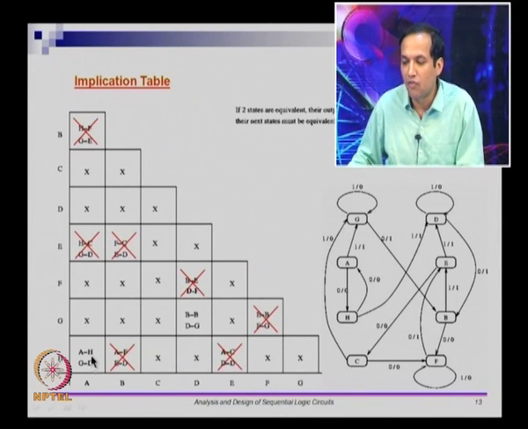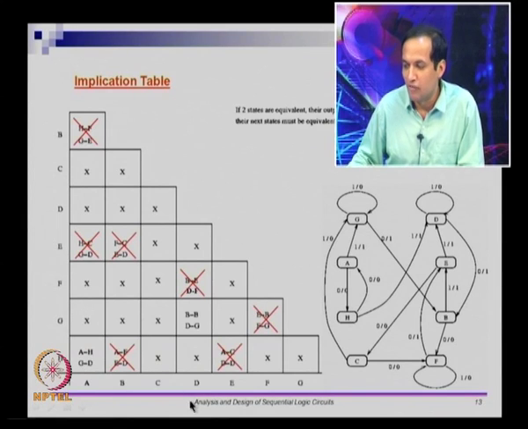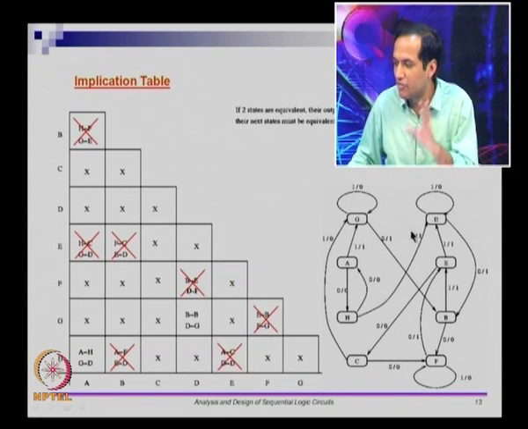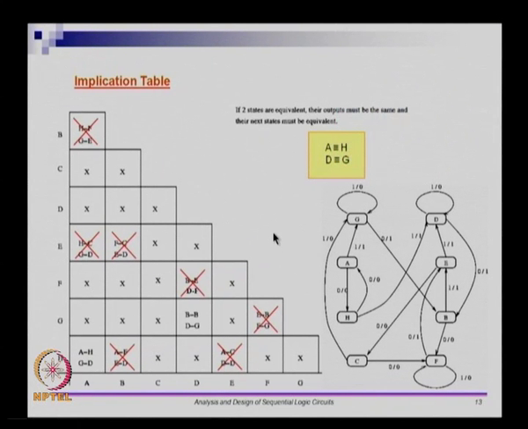So by default you get that, but you also want D to be equivalent to G. We just established that D is actually equivalent to G. So overall what we get is A is equivalent to H and D is equivalent to G. So now instead of 8 different states here, I can replace that with a diagram of 6 states. So A is equivalent to H and D is equivalent to G.